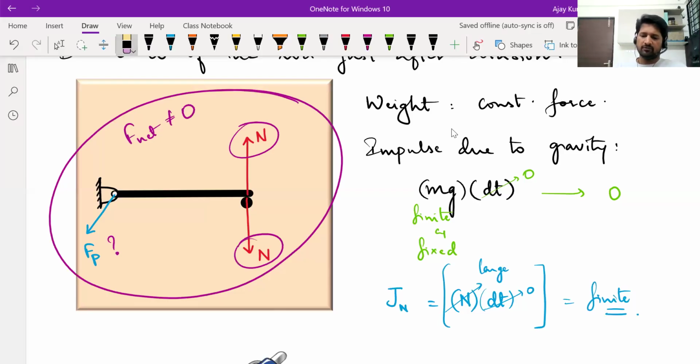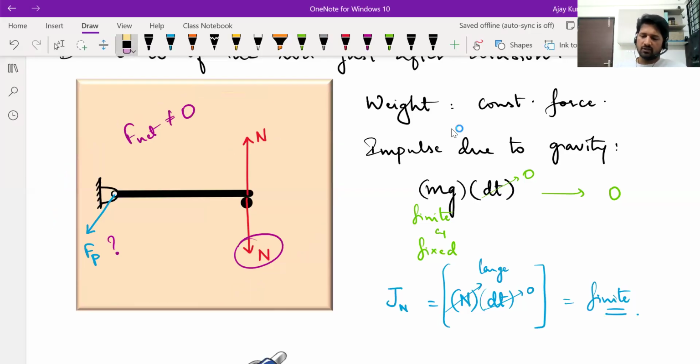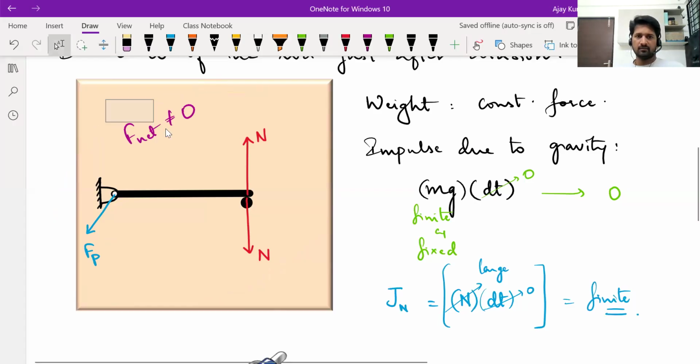And Yusuf, you tell me, if net force is non-zero, which principle of physics should not be applied?